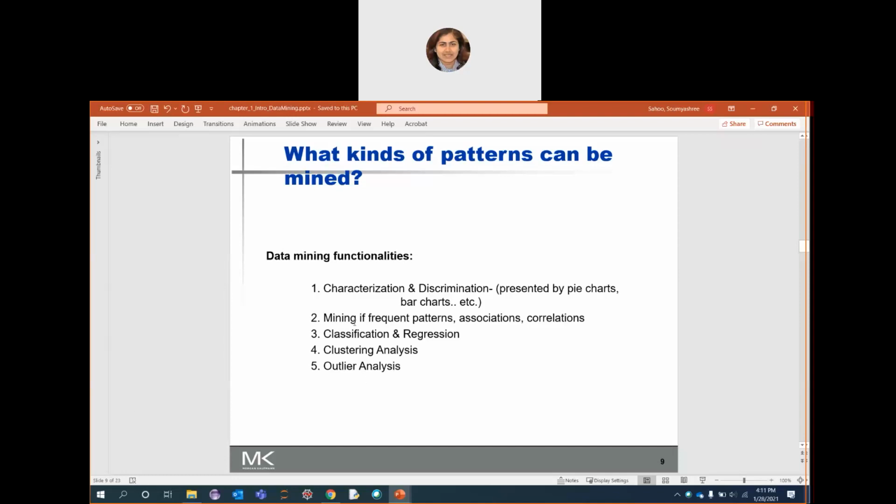Then comes mining frequent patterns, associations, and correlation. What is this? A frequent item set typically refers to a set of items which often appear together in a transactional data set. I hope during this COVID time you must have used the Instacart application, which gives you the online shopping platform for your day-to-day grocery items. While purchasing, if you are buying, let's say milk, on the same page you can get the recommendation of eggs or butter, correct?